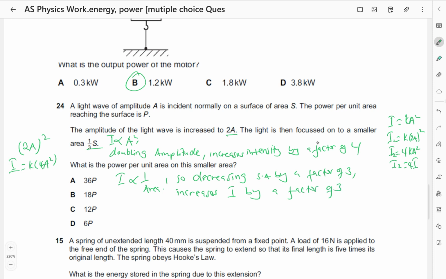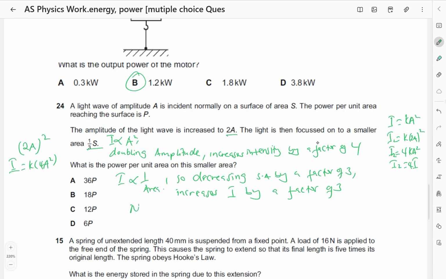So intensity has increased by a factor of 4 because we doubled the amplitude, and also by a factor of 3 because we decreased the surface area by a factor of 3.